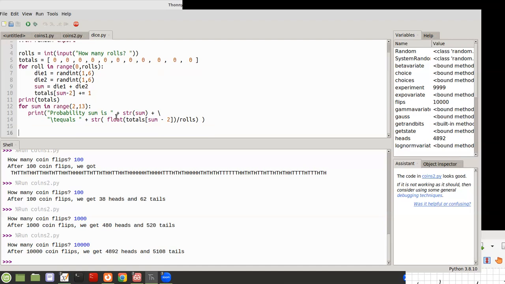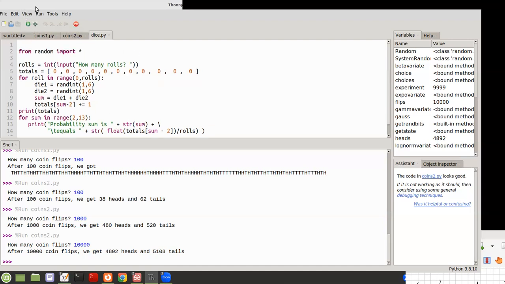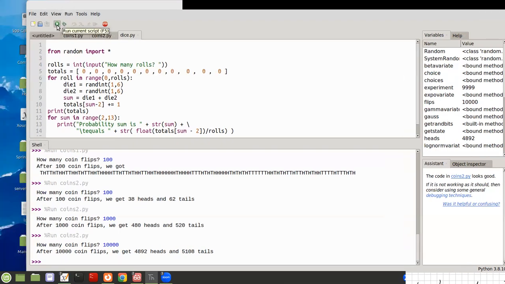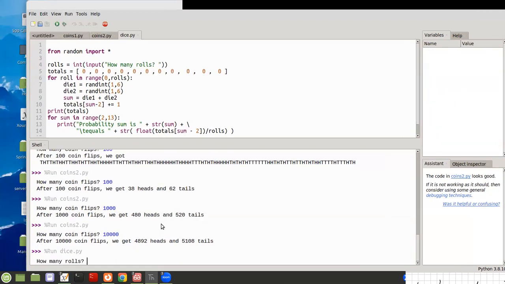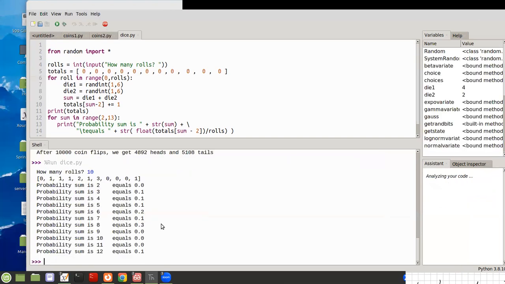Okay, so let's run this and see what happens. Let's say we do just 10 rolls. You can see here it's just a scattered amount, and there's not obviously any pattern here.